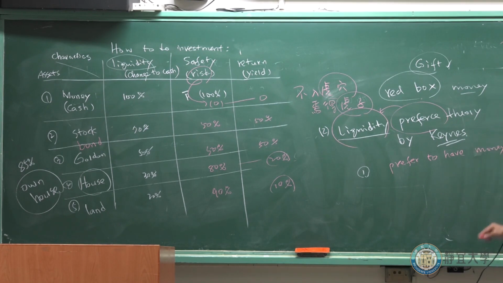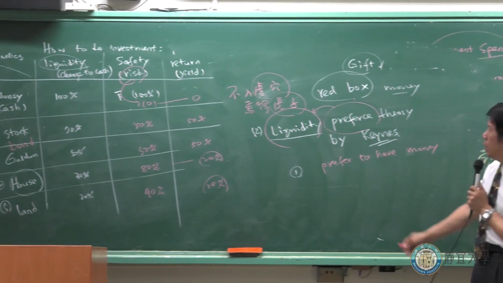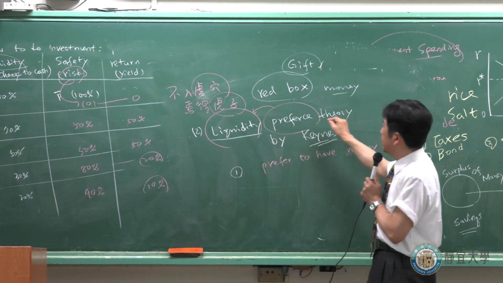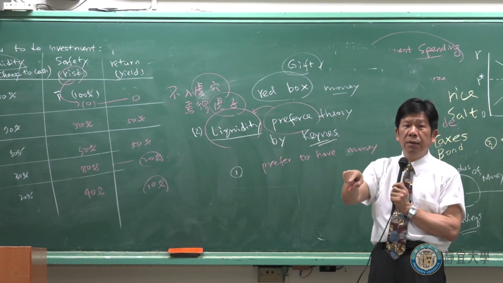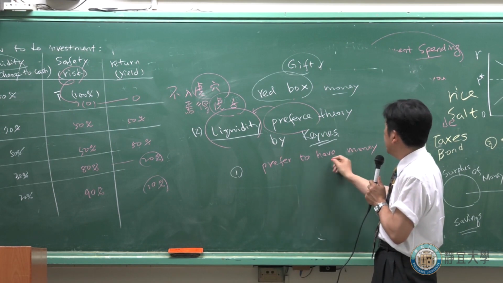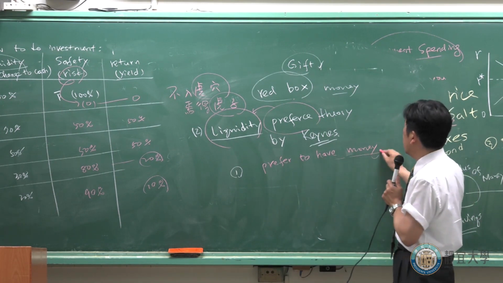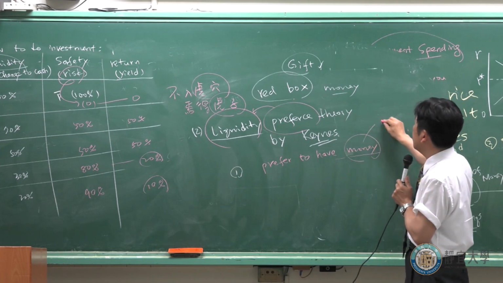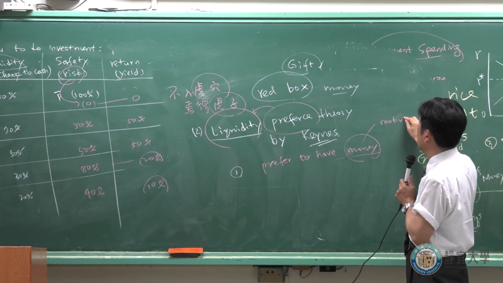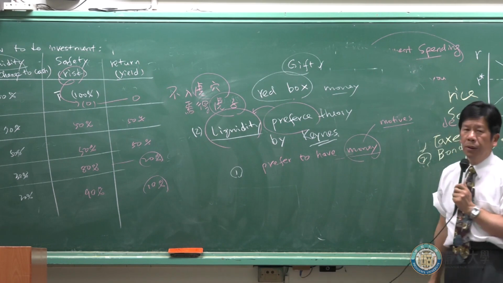Okay? So the liquidity preference theory actually means prefer to have money. Okay? And why do we need to have money? So we need to consider motives.